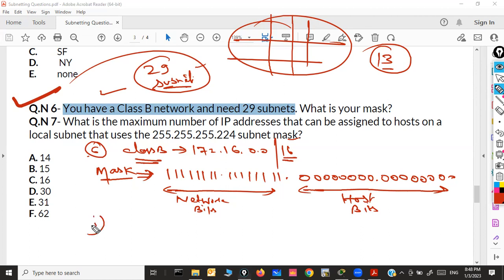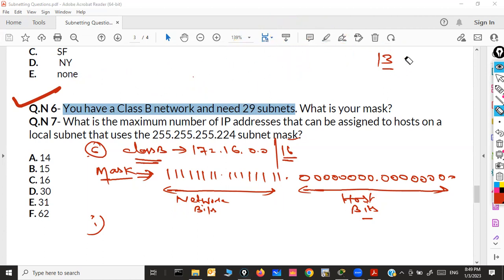So the first part of the question is, how many bits do we have to borrow from the host portion in order to divide the network into 29 subnets? In order to have 29 subnets in this class B network, if you borrow, let's say, only 1 bit, I'll write here the number of bits borrowed, and here in a table the number of subnets.